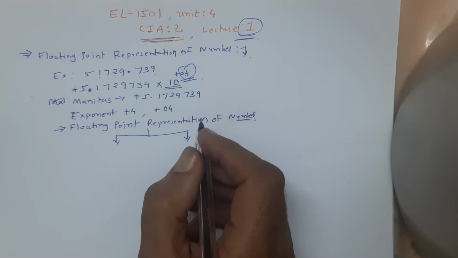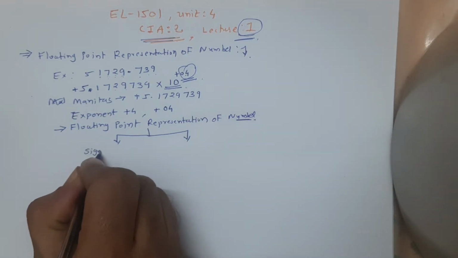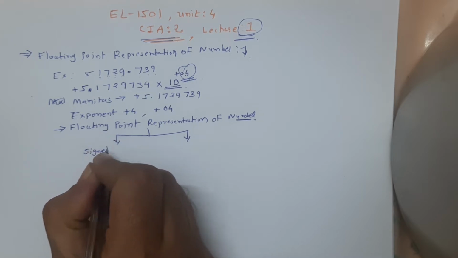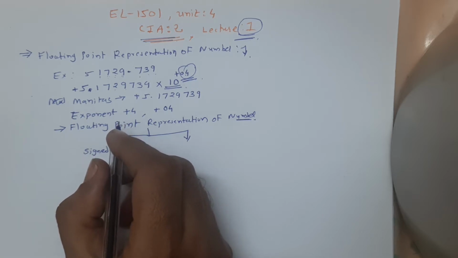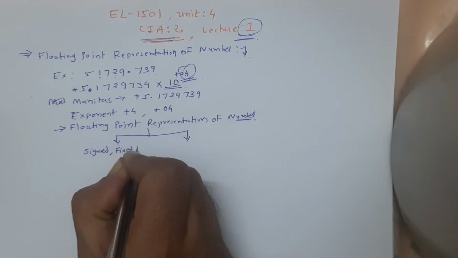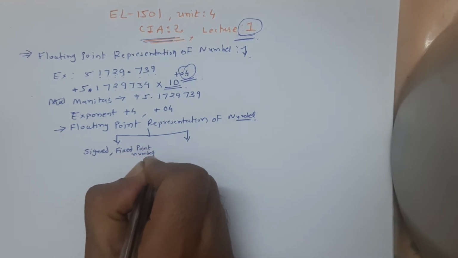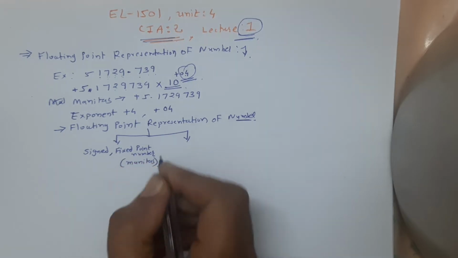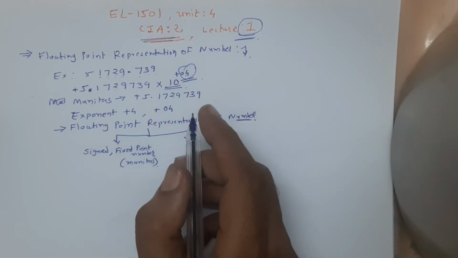The first part represents the sign, a fixed point number, which is also known as the mantissa.